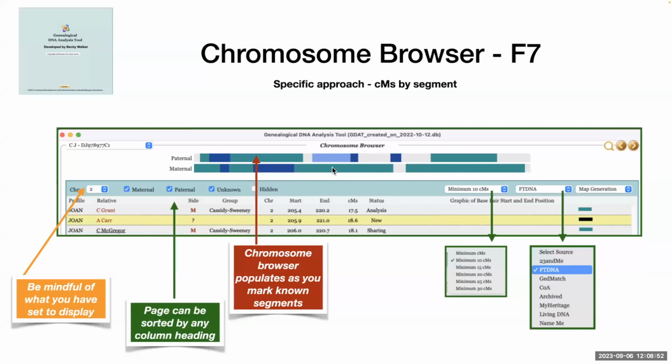I have done that subsequent to this. Clicking on the chromosome browser will also display subsets. So you might be interested in who's actually in this particular group here. You double click on that, it'll just show you those matches, and remove all the others that are related to other parts of the chromosome.